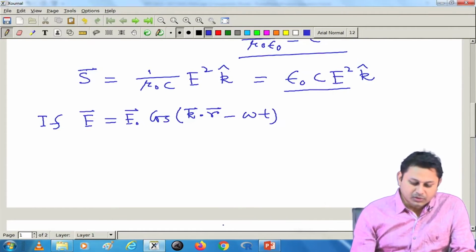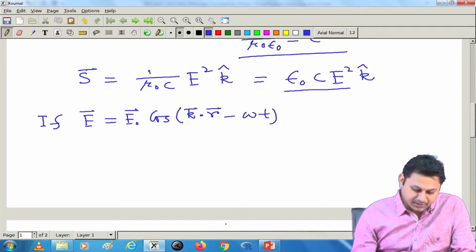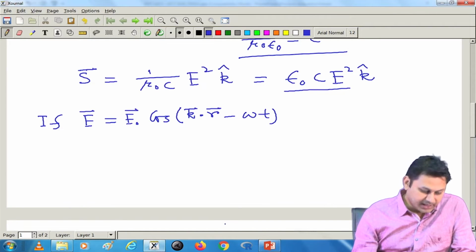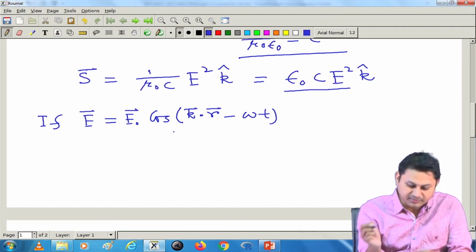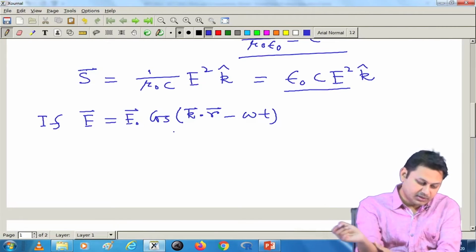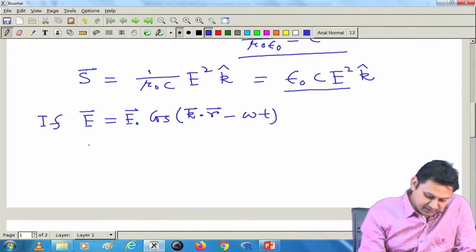This is the plane wave solution we know. And now, I want to find the average value, because this is changing with respect to time. So, what is E square? E square is E dot E.